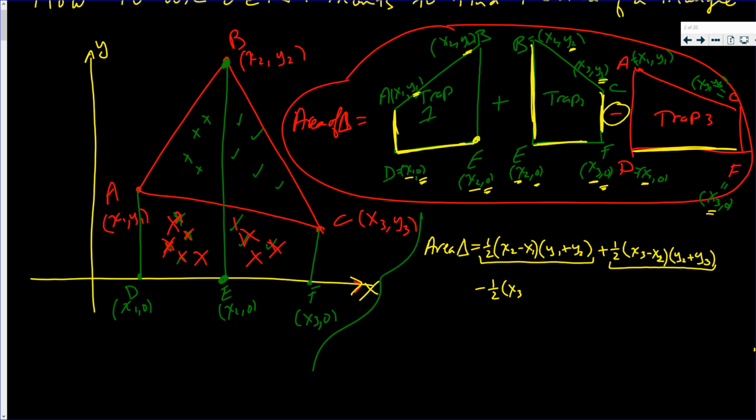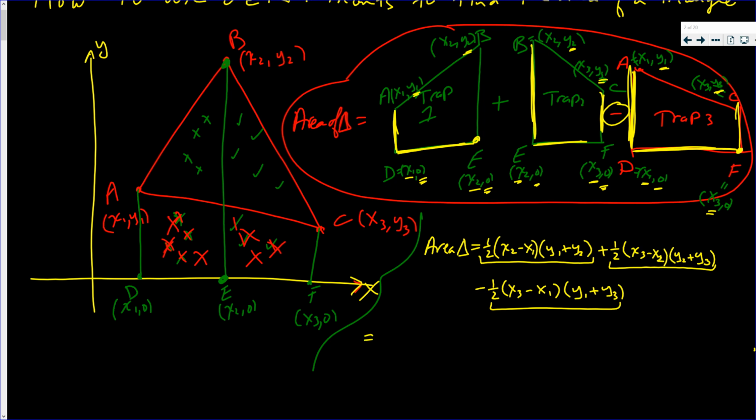Like always, it's the right endpoint minus the left endpoint if you want to find a horizontal distance. x3 minus x1 times the sum of the heights. This base goes from 0 to y1 plus this base goes from 0 to y3, plus y3. Now, that's the area of the third trapezoid.